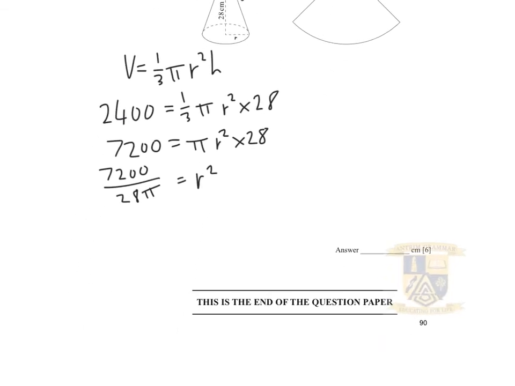And then to work out the radius, it's going to be the square root of that, so the square root of 7,200 over 28 pi. Now that number's not very nice, but I'm just going to leave it like that for the minute. It works out to be 9.05, but I don't really want to use a rounded value.